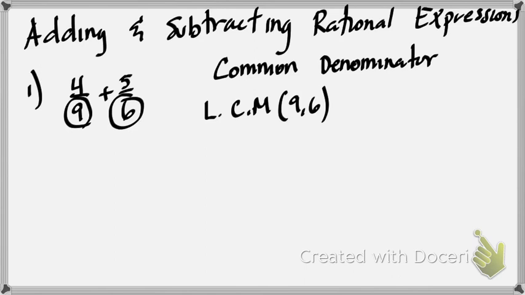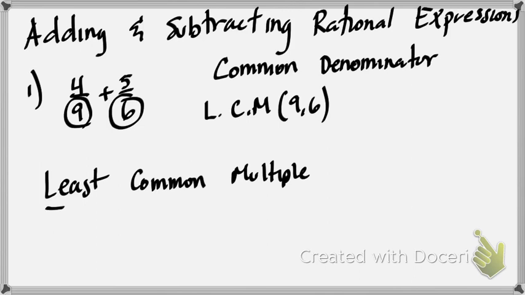Well, what's the LCM? The LCM is the least common multiple. And what that is, is the smallest number, that's why it's least, that 9 and 6 divide into evenly. And so if we look at that and we think, what is the smallest number that 9 and 6 can divide into evenly?